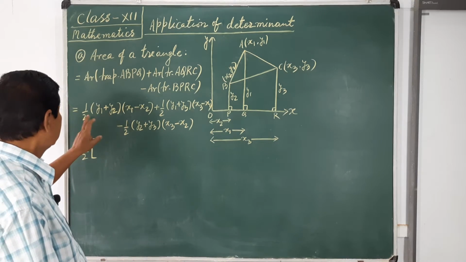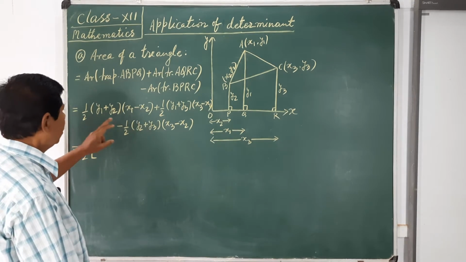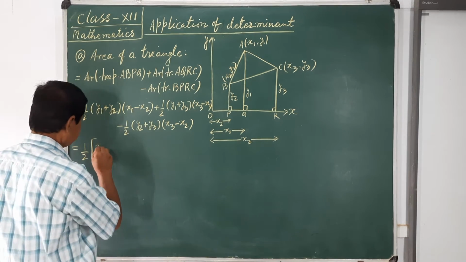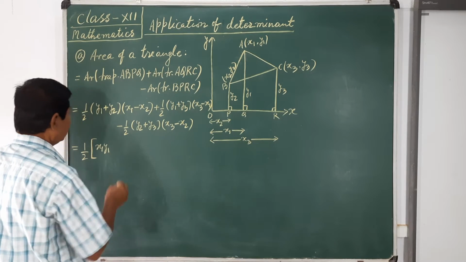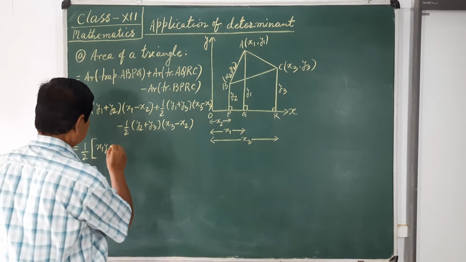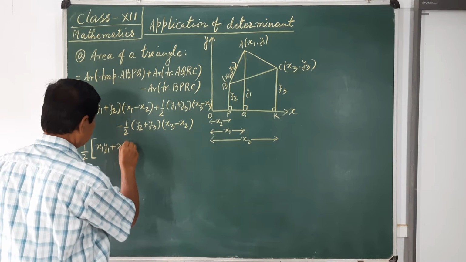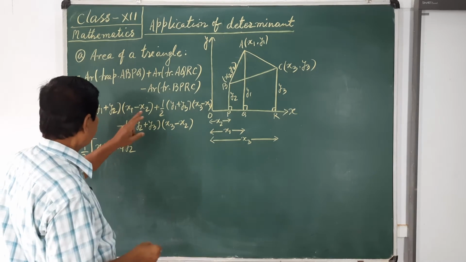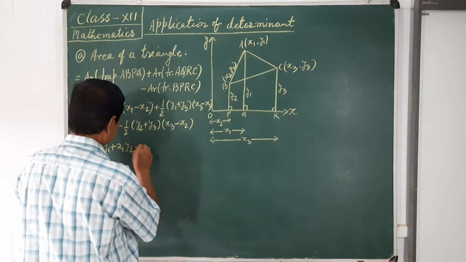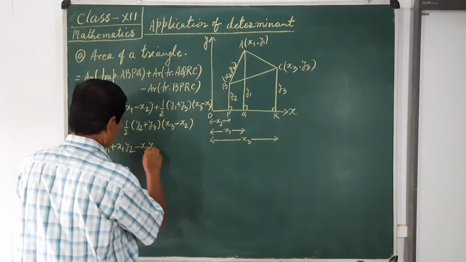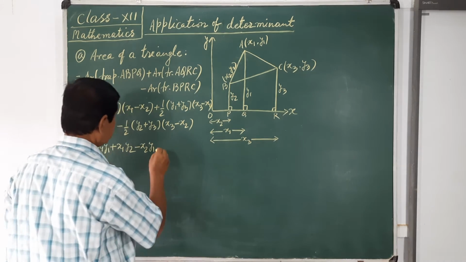Now multiply. Half is common in all three: x1 y1, then x1 y2 minus x2 y1 minus x2 y2.